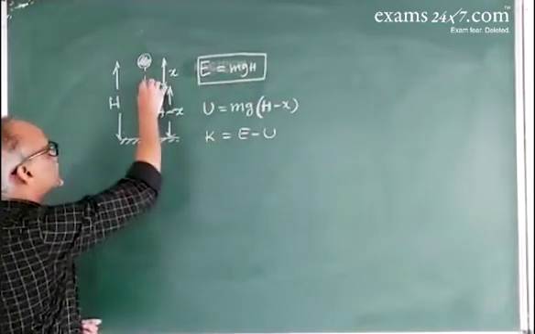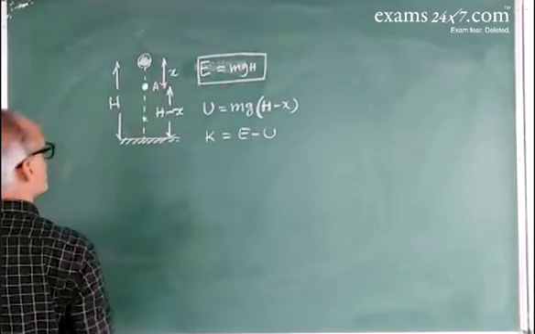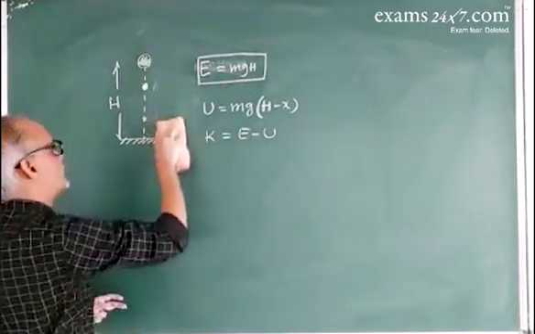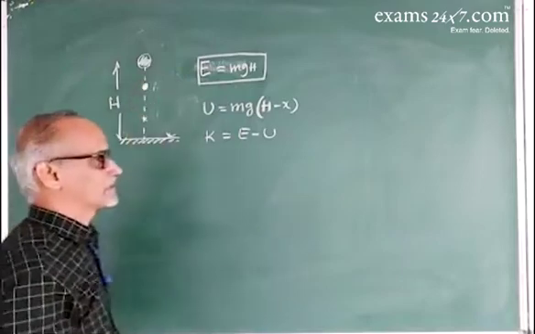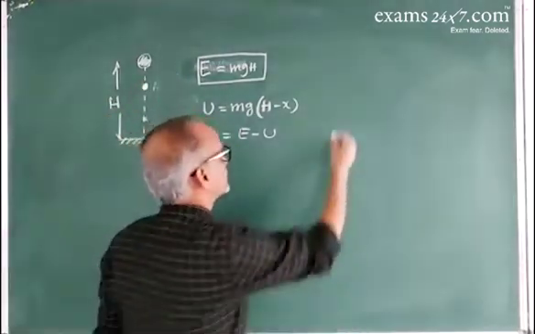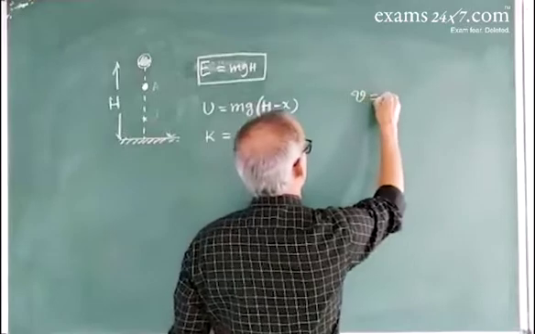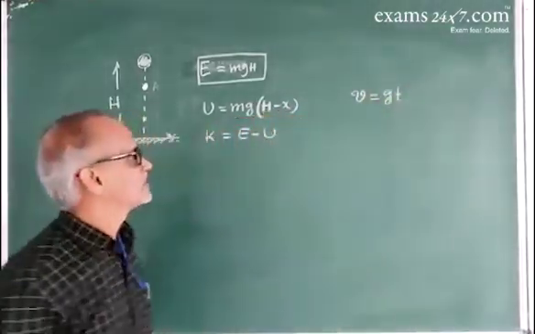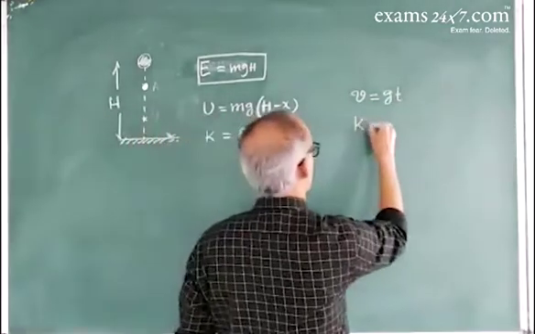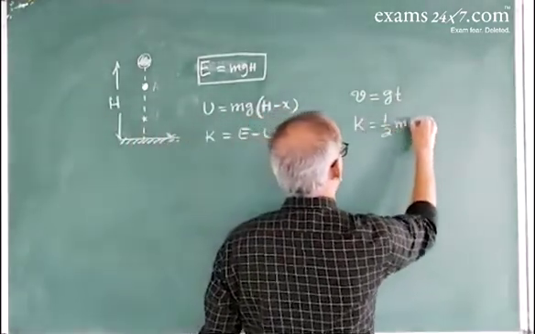Suppose they give time instead of the height, that is, the body reaches a particular point in a certain time. Then find the velocity in reaching that point using v is equal to gt. And once you get the velocity, find the kinetic energy using half mv square.